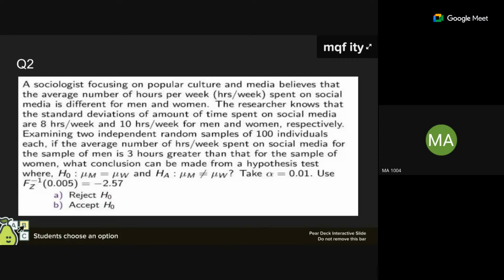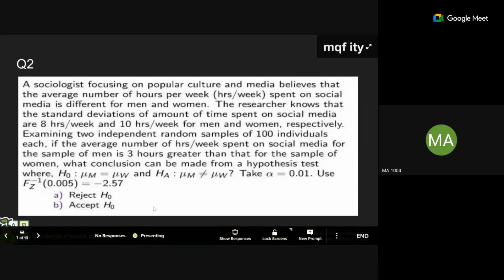The distribution is given to us for men and women, and then 100 samples were examined, and we got to know that the difference between the average times is actually 3 hours. So now the question is the claim that the average time spent on social media by men and women is the same or not. So we will check our hypothesis against that.